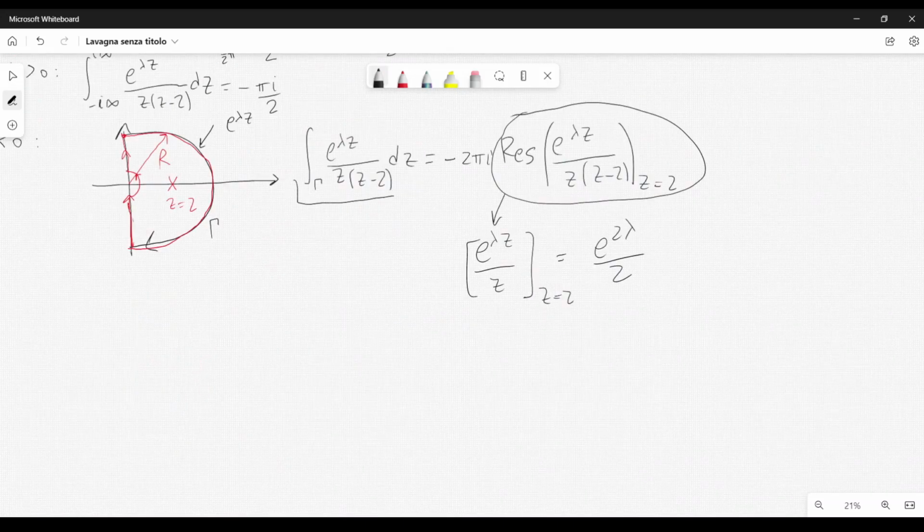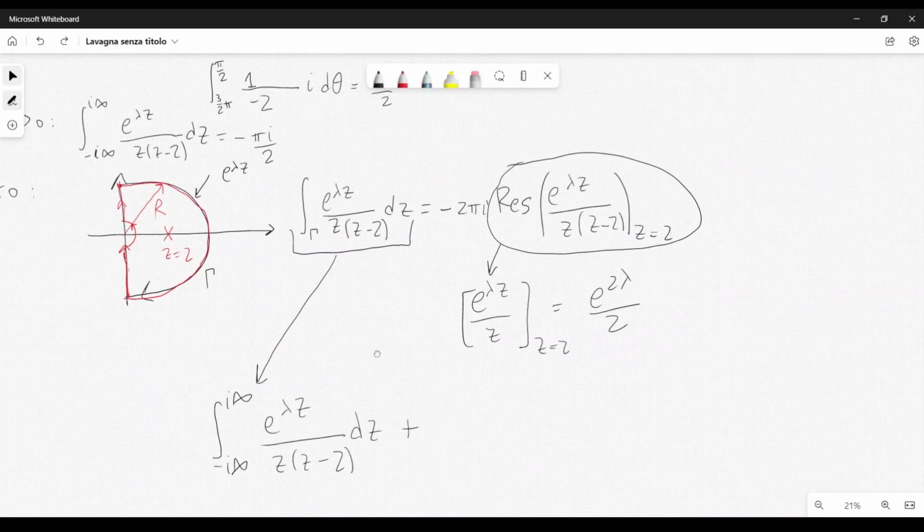And the calculation on the left can be performed very similarly to what we did in the case lambda greater than 0, because we will have the integral over the imaginary axis, which is the integral from minus I infinity to I infinity of e to the lambda z divided by z times z minus 2 dz, and then we will have to calculate the integral over the smaller semicircumference, where rho goes to 0.